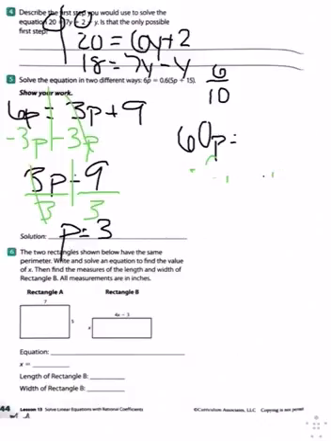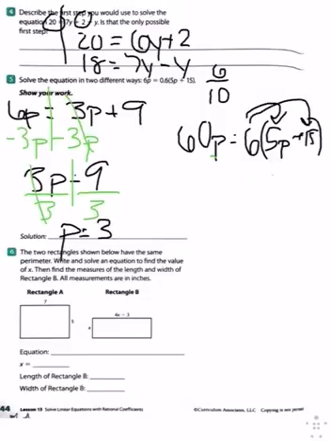When we get rid of our denominator, we are still left with our numerator. So we have 6 times (5p plus 15). My first step is to distribute to both of those. I would get 60p equals 30p plus 90.